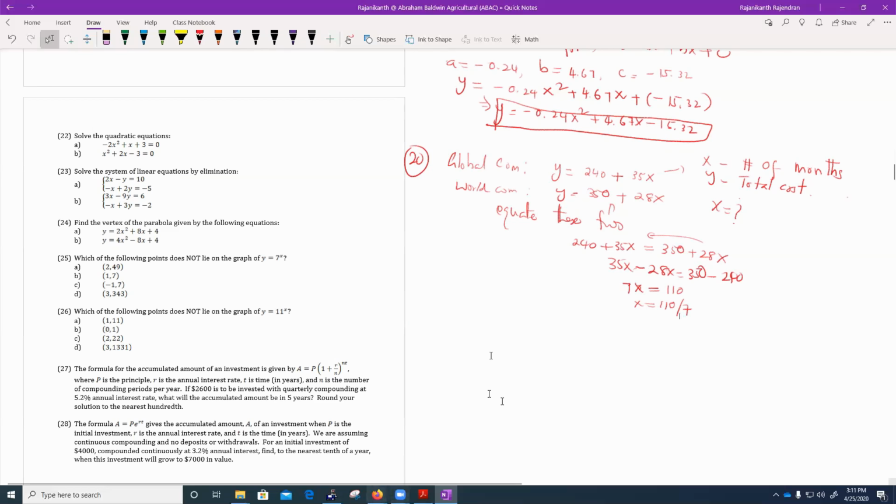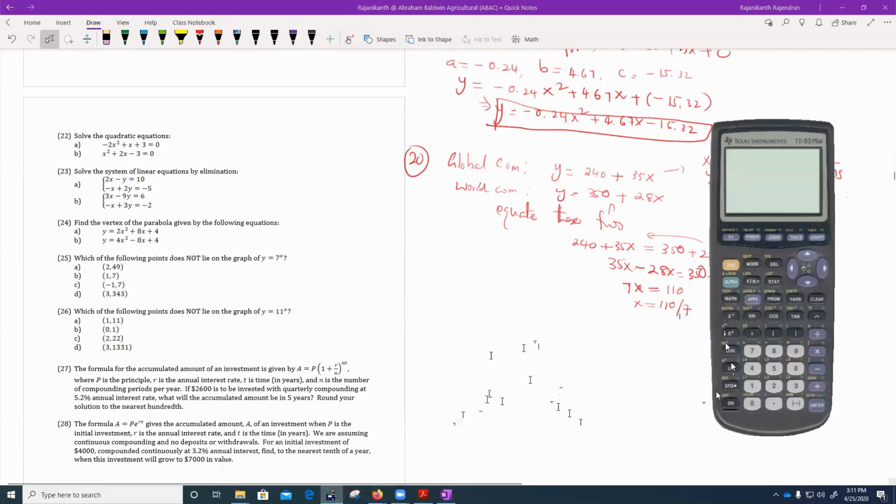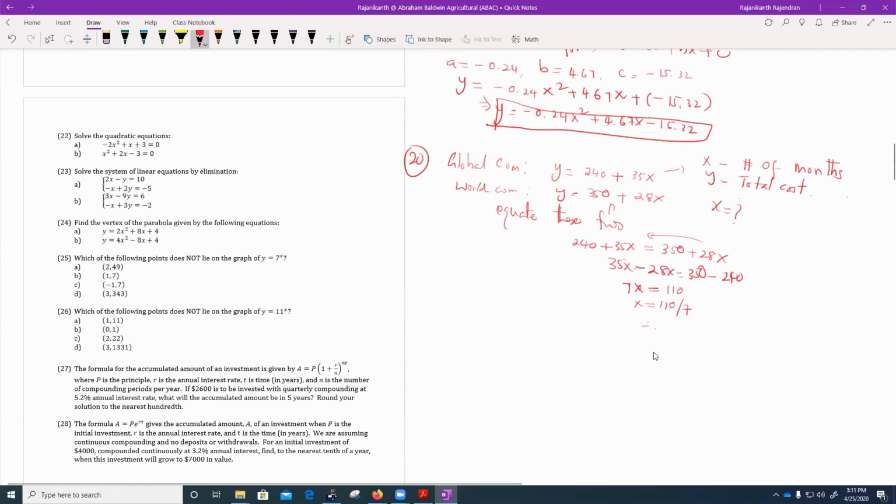So now we will simplify that, which is about 15.7. That means after 15.7 months, World Communications should be better. So this is 15.7 months.